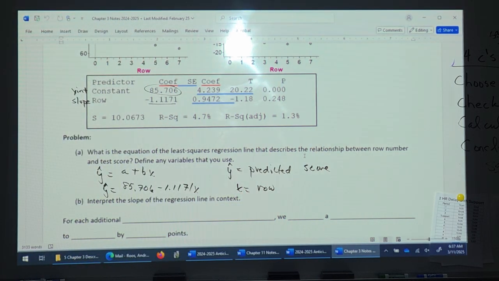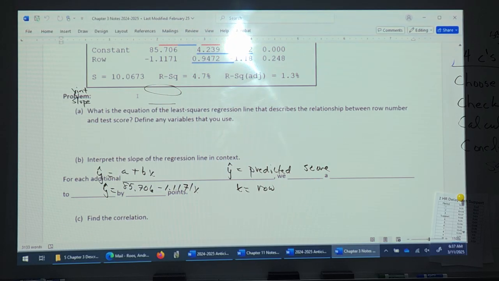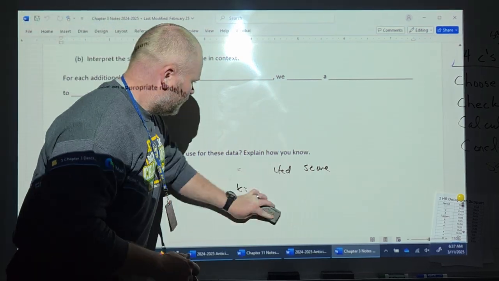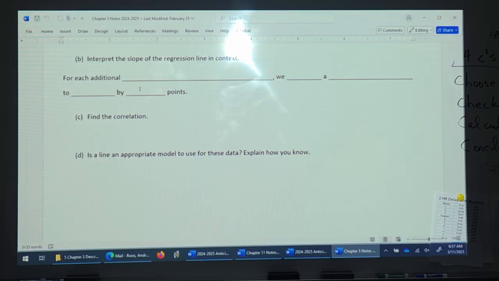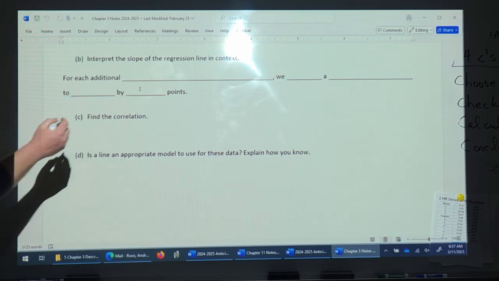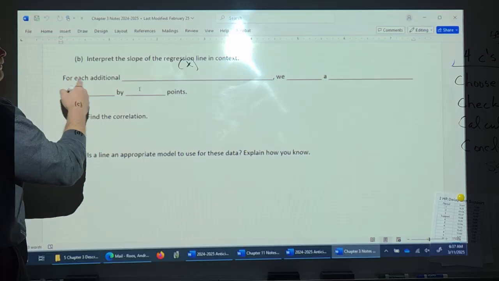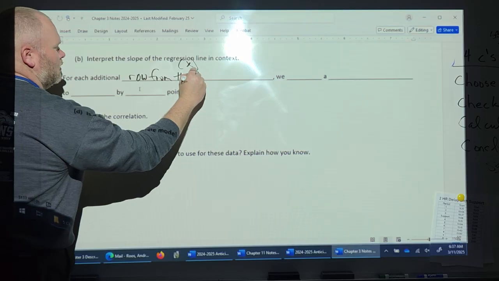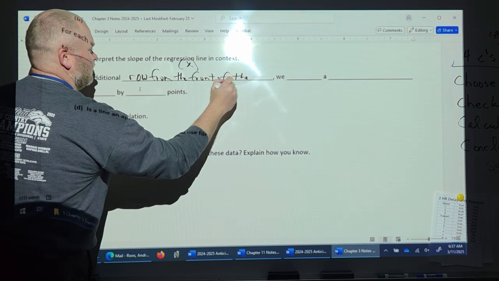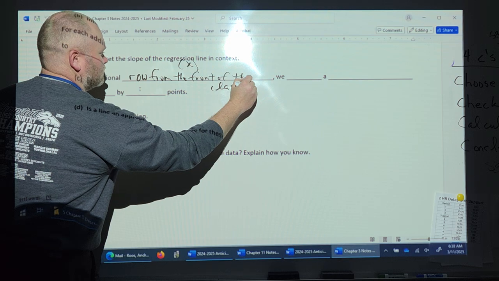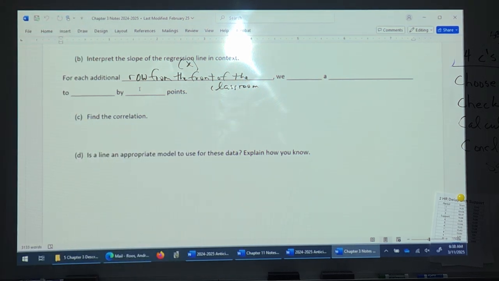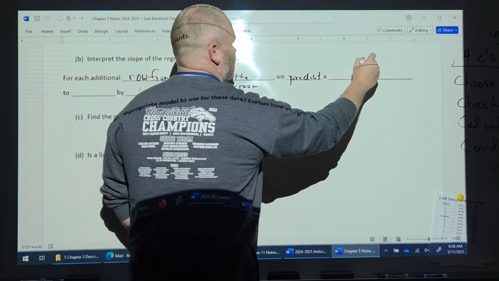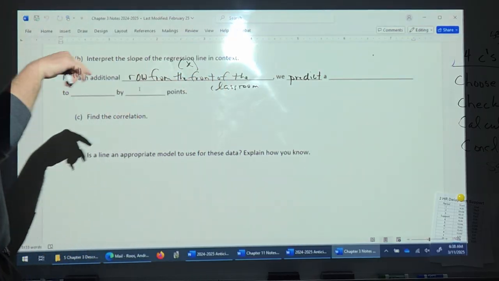All right, part B, interpret the slope of the regression line in context. So the slope was that negative 1.11 number. When we interpret slope, we're saying for each additional row from the front of the classroom, we predict a what?